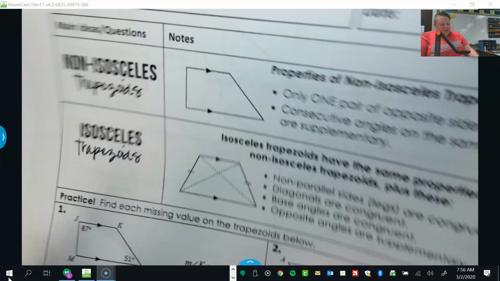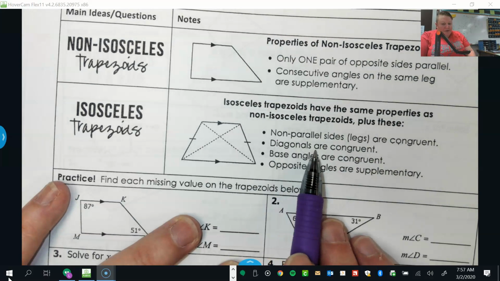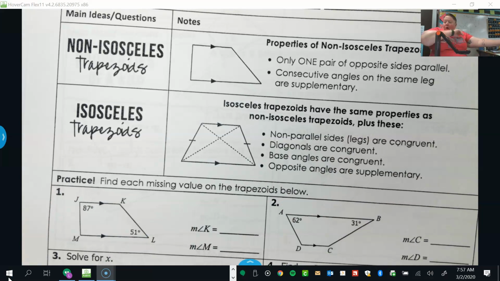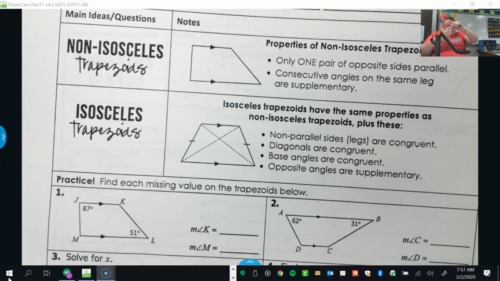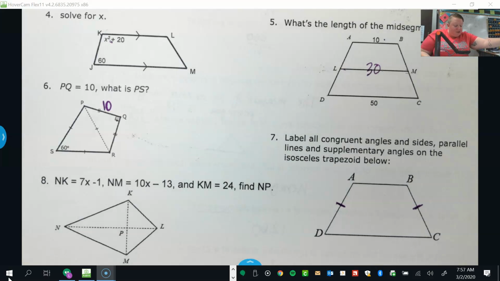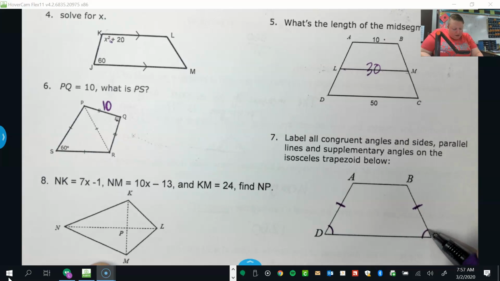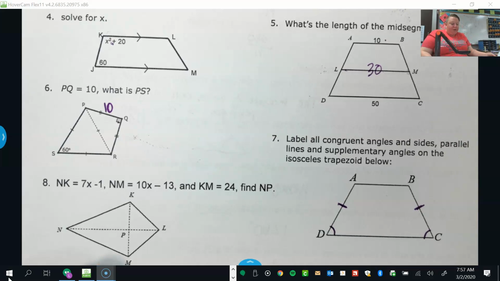The diagonals are congruent. They didn't draw diagonals, so we don't need to label them. Base angles are congruent, just like the base angles of an isosceles triangle. So these two angles are congruent.